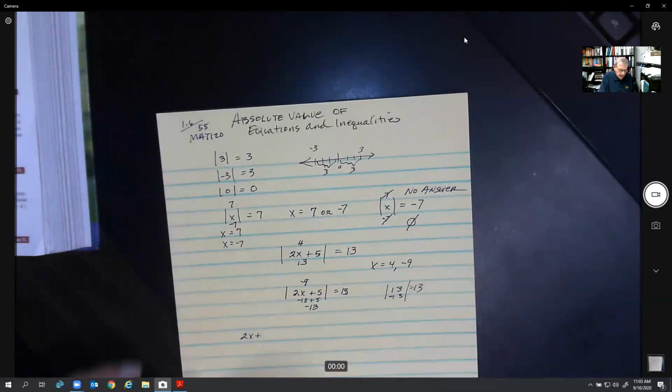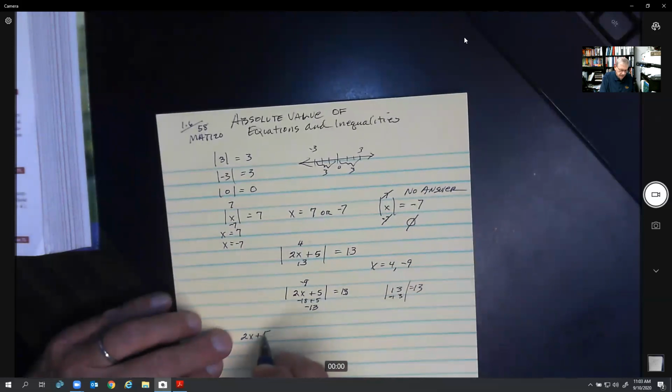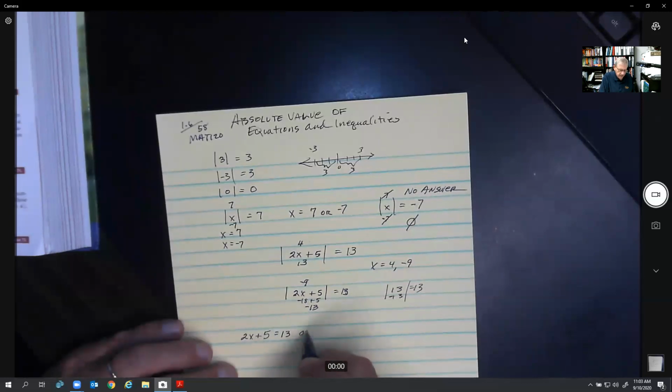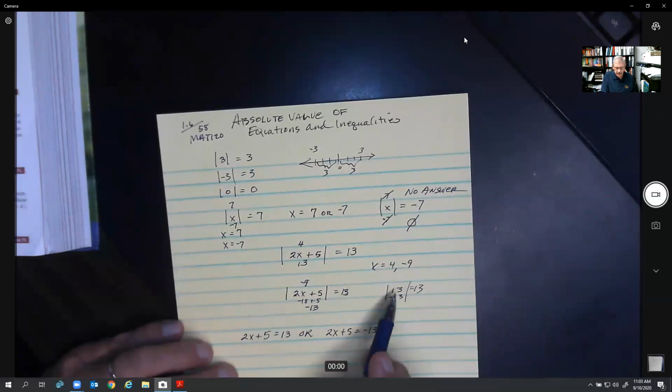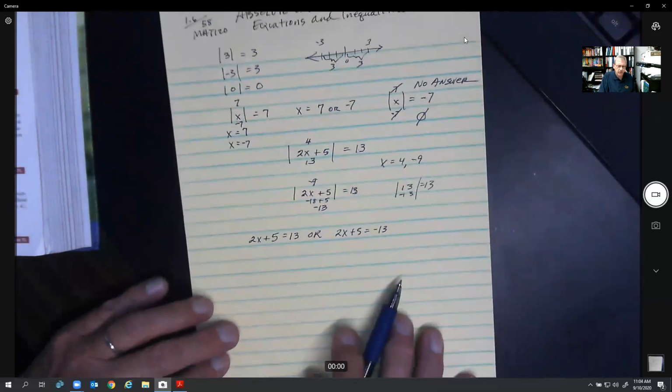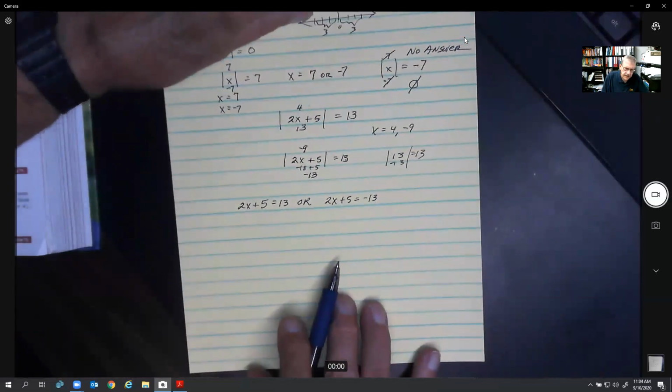So we're going to say 2x plus 5 equals 13, or 2x plus 5 equals negative 13. Inside this absolute value, you could have a 13 or a negative 13. So we're going to try either one of those and see what happens.